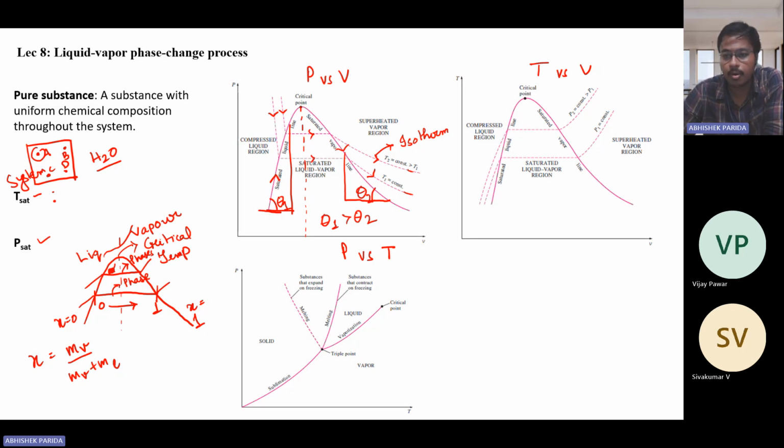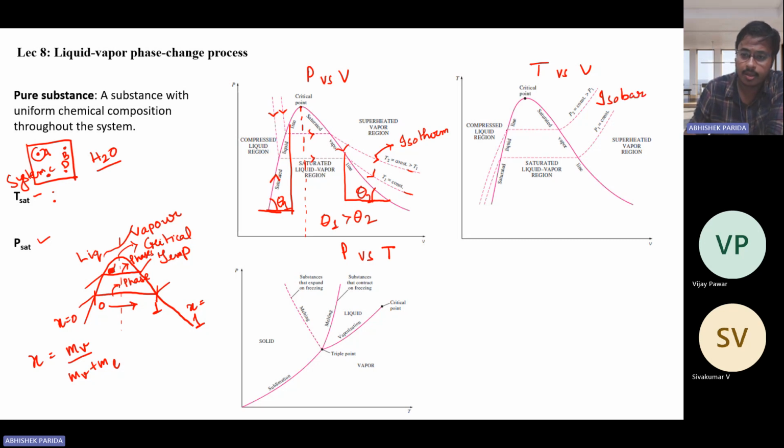Now, when we are talking about the T versus V diagram, you can see the dome structure is somewhat similar to the P versus V diagram. The slope of the saturated vapor line is slightly lesser than the saturated liquid line. And here you will find isobars, or constant pressure lines.